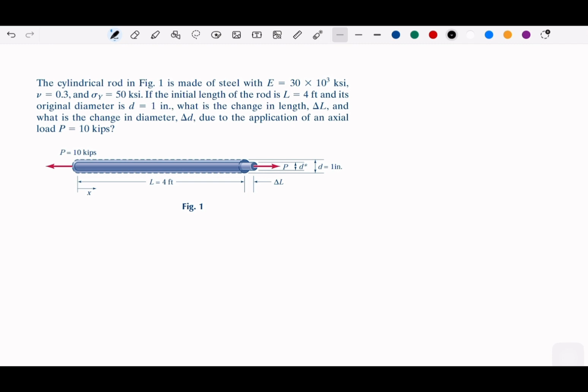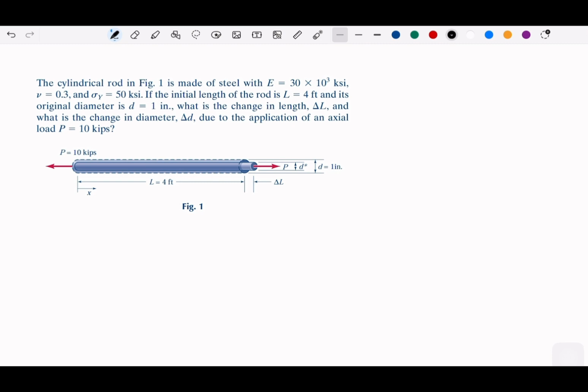And then we have E, and we have the Poisson's ratio in the picture. Okay, so we need to calculate the delta L and the delta D. So we have the delta L here, which is the elongation, and then D. So we have the original shape and the reduction in area, so we are going to calculate that.